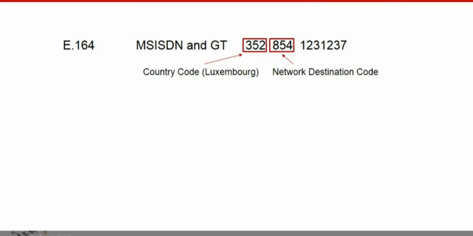As I previously said, they have the same structure. They consist of three groups of digits. The first one defines the country. In this picture, it is Luxembourg. The second one defines the network in this country. And the third group of digits determines a subscriber.